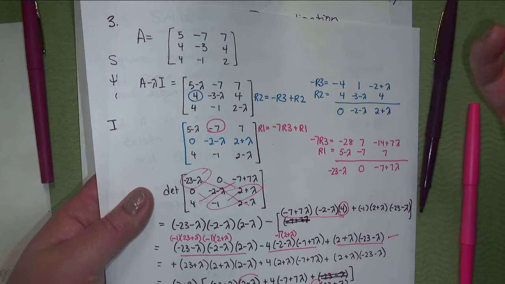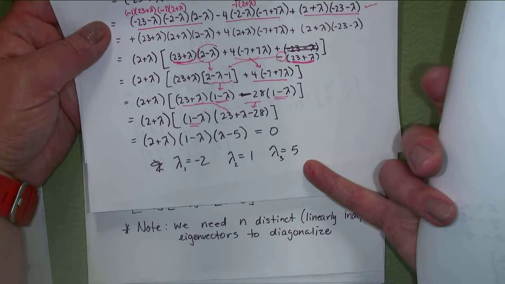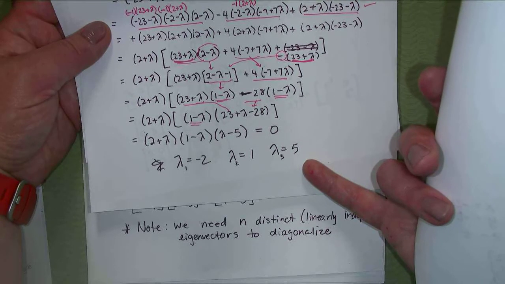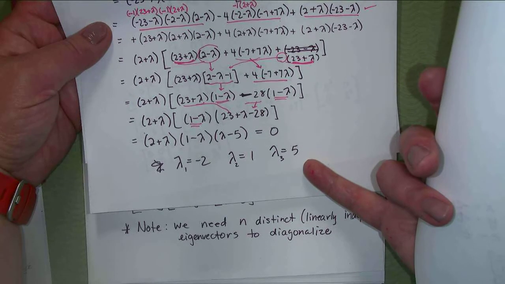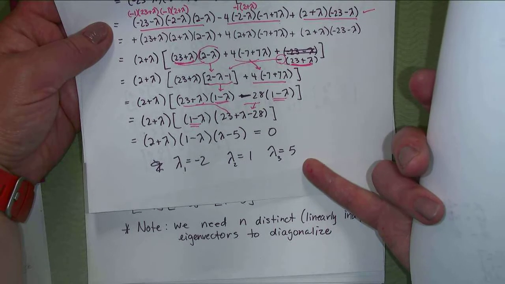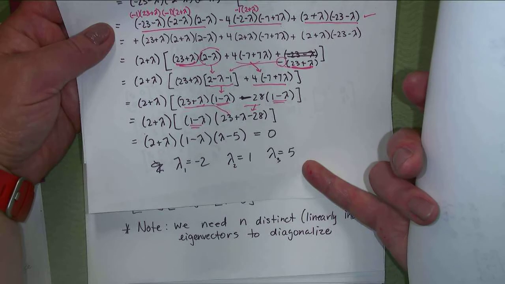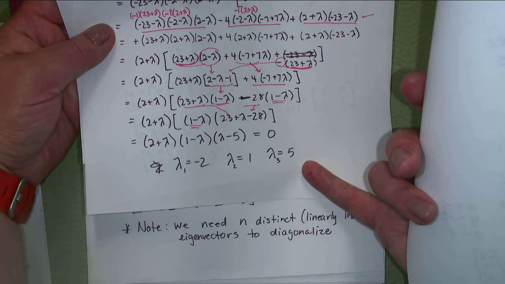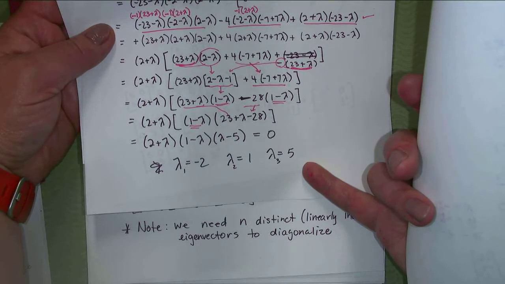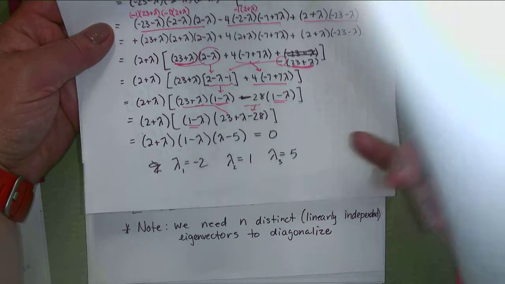This was that big long one that I did without factoring, and I found 3 values, and as long as they each had 1 vector, you could diagonalize it. But if one of these had 2, that would be too many, and you can't. So you have to end up with exactly 3. The values themselves don't matter, it's the vectors. That's how many vectors you end up with.